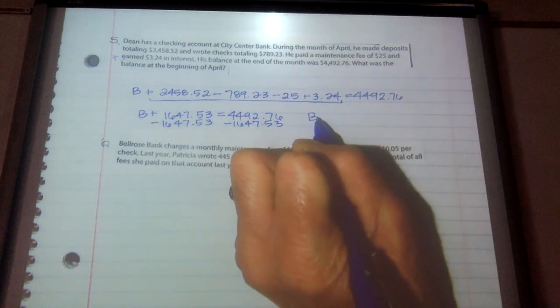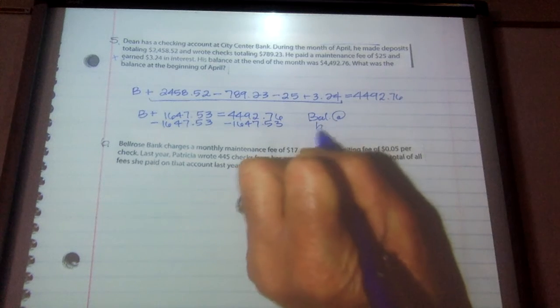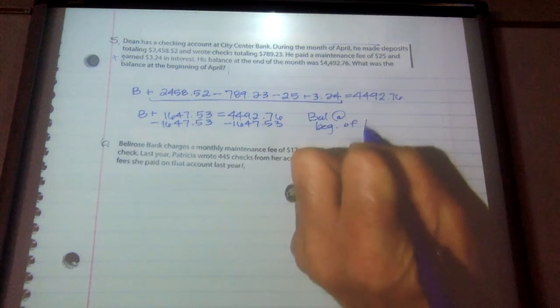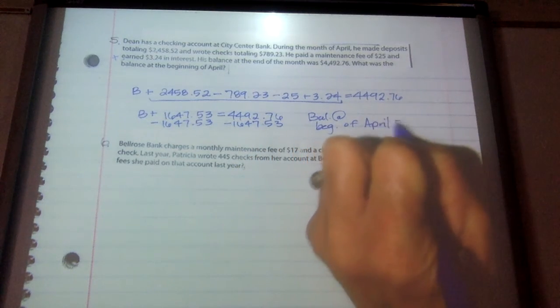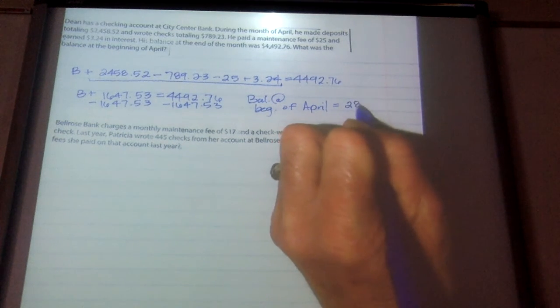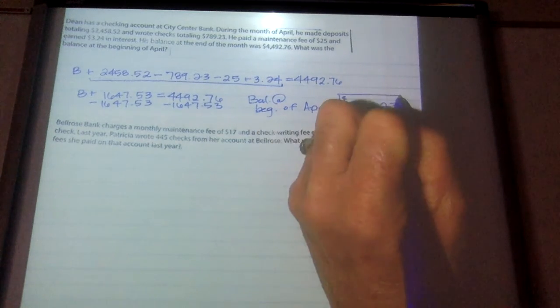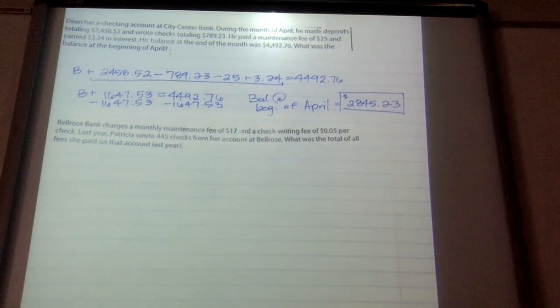And her balance at the beginning equals, so $4492.76 minus $1,647.53. Her beginning balance must have been $2845.23. And remember, this is in dollars, and so that is my final amount.